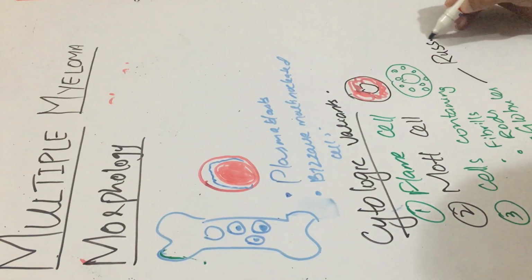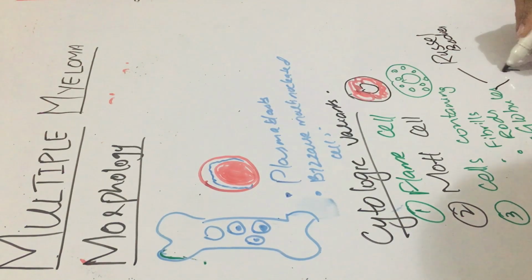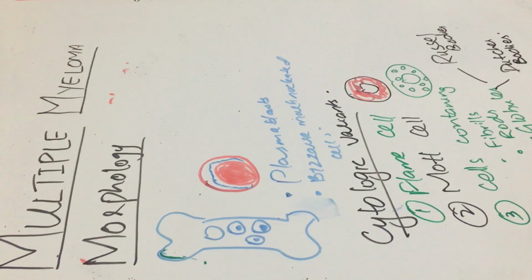If these globules are present in the cytoplasm, then they are called Russell bodies, and if they are present in the nucleus, then they are called Dutcher bodies.